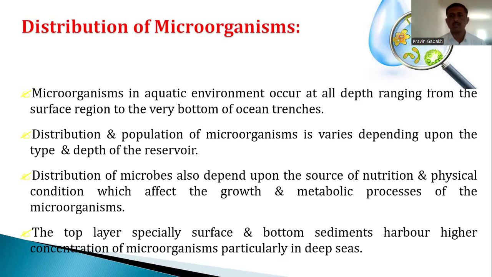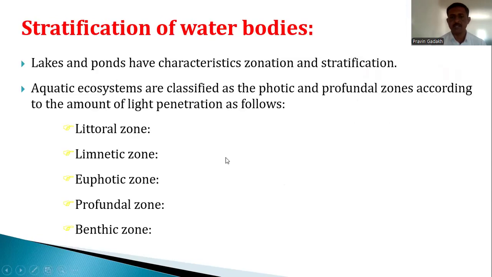So these are the factors affecting the microbial population, so that microbial distribution can vary. The top layer, especially the surface and bottom sediment, harbors a higher concentration of microorganisms, particularly in the deep sea. So that is the basic idea about the microbial population and how it is distributed.